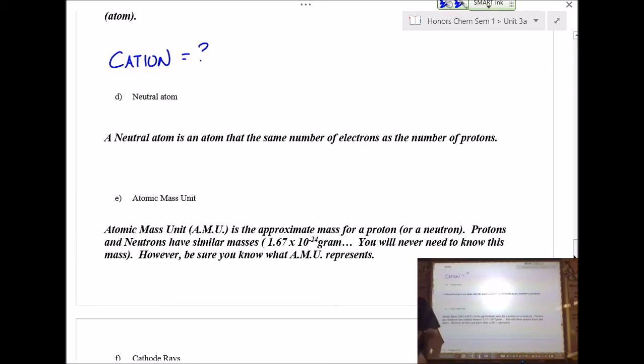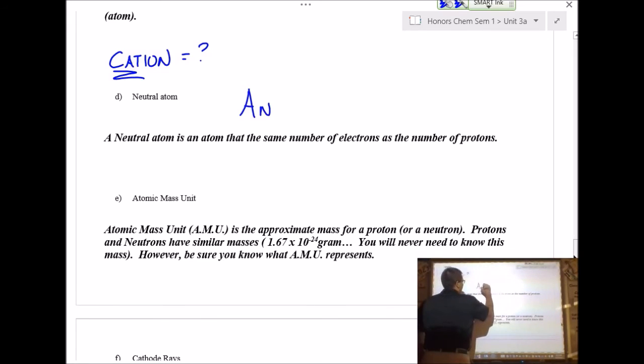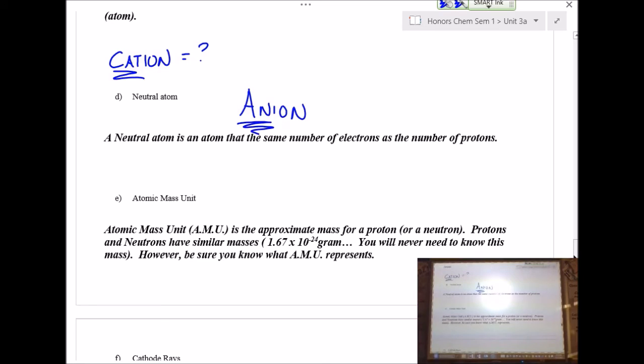Good. So all that's fine. So remember, cats are very positive. Okay. And I like that somebody said in first period, anion kind of sounds like antagonist, so that's bad. Cat's good. Antagonist bad. Okay.